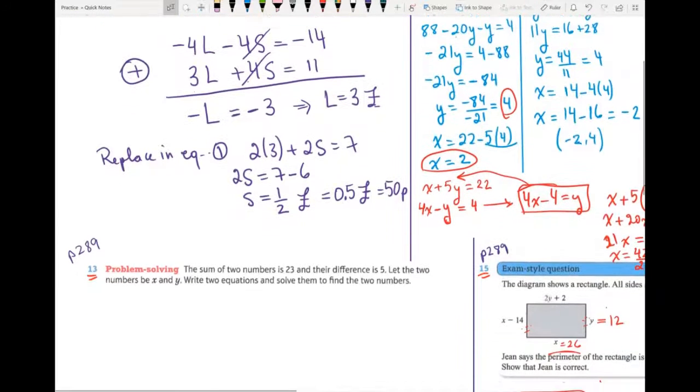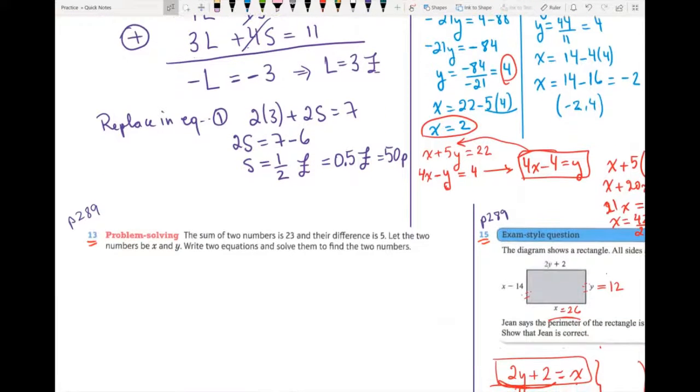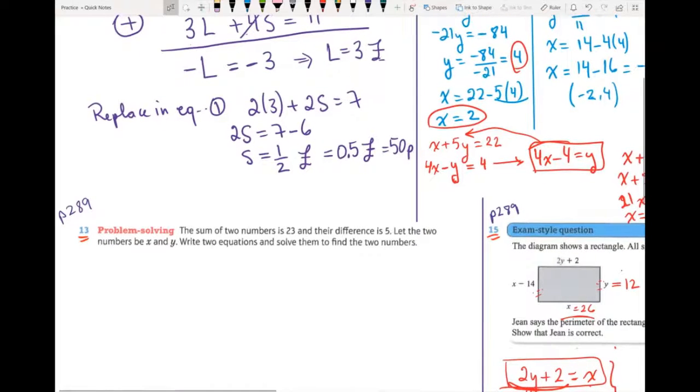Another word problem is number 13, and we start with it. The sum, which means plus in math, of two numbers, so we're going to have to call these two numbers or variables, let's say A and B. The sum of two numbers is 23, so let me write it as A plus B is equal to 23.